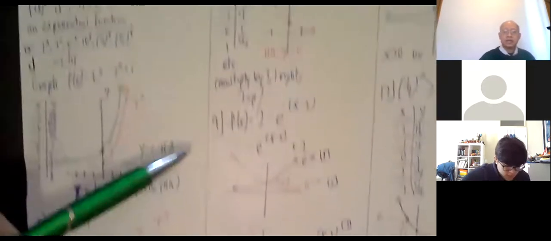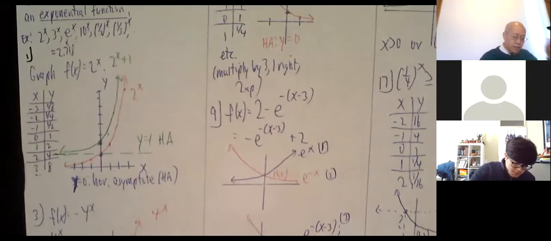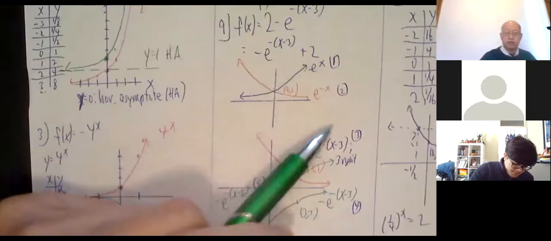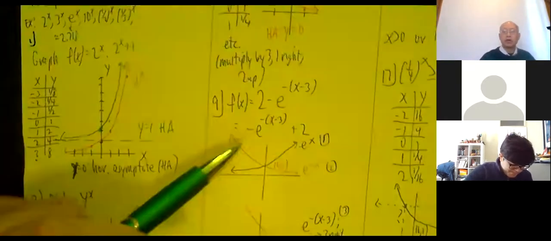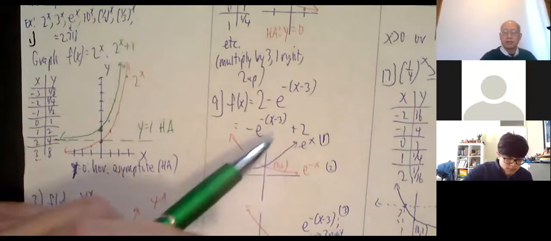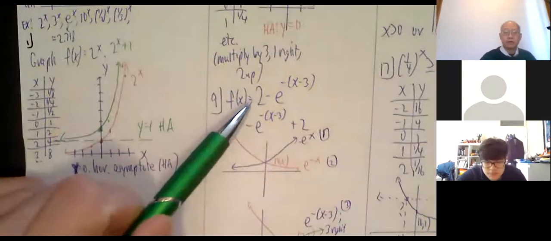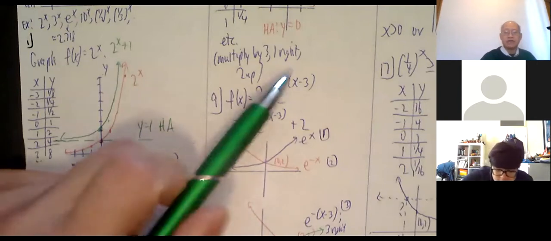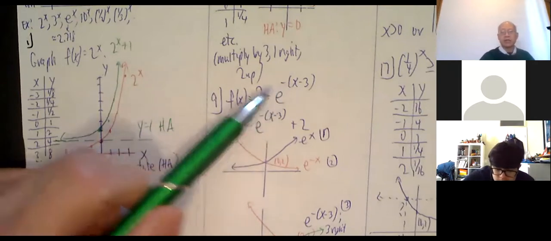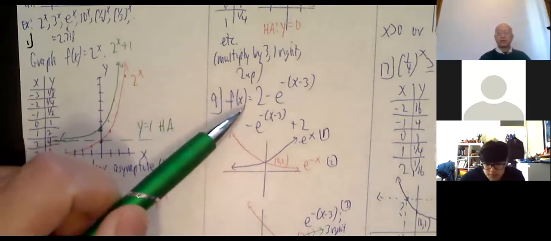Number 9's a little bit tricky. There's a lot of stuff going on. I actually have, let's see, 1, 2, 3, 4, 5 different graphs all going on at the same time. So I'm sort of giving you the progression of what happens for this one. f of x equals 2 minus e to the negative parentheses x minus 3. So there's a lot of stuff going on there.